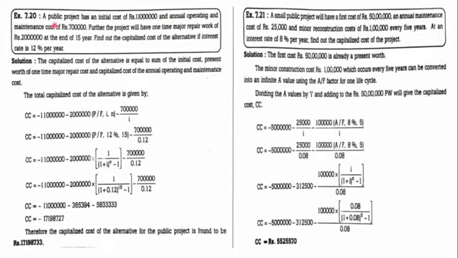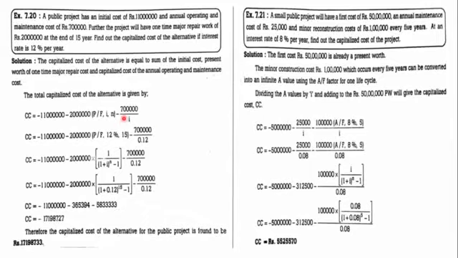What is the annual operating and maintenance cost? That is 70 lakh rupees, and there is no time period. It is for the lifetime serving. There is no life period, hence it is a serving annual maintenance cost for the lifetime.